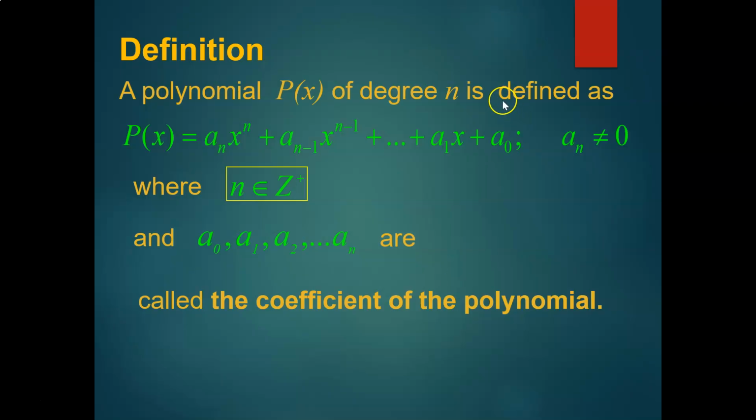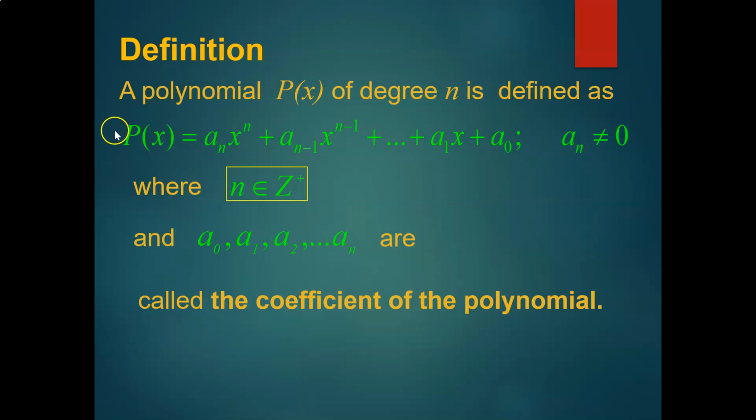Okay, so don't worry, the equation seems long, nampak panjang, but as long as you can understand what is this P, what is this A, what is this n belong to, you are good to go for the next lesson.